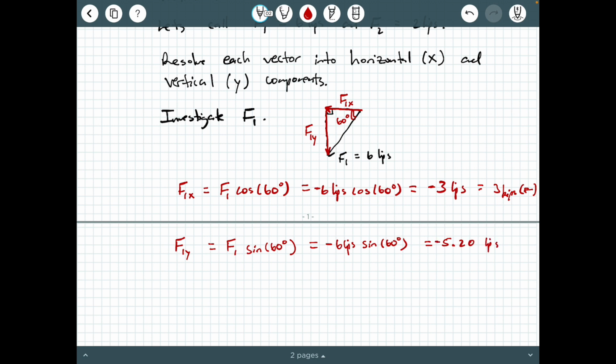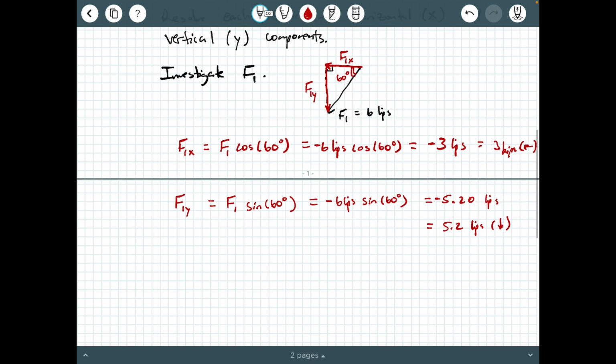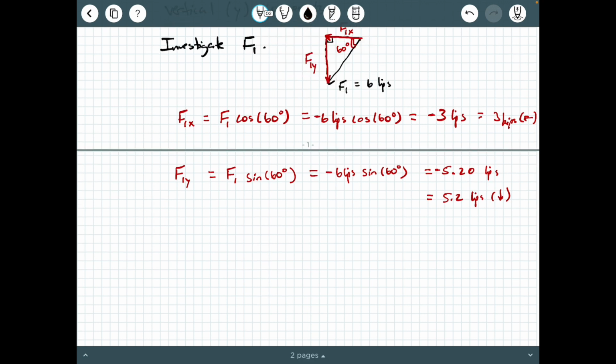Now we'll also have a negative there, and you can say that that's 5.2 kips pointing down. And again, we're in quadrant 3 here with F1, so that means that its x component and its y component are numerically negative. And so that's it. That's F1x and F1y. Now we're going to do the same thing. We're going to say investigate F2.